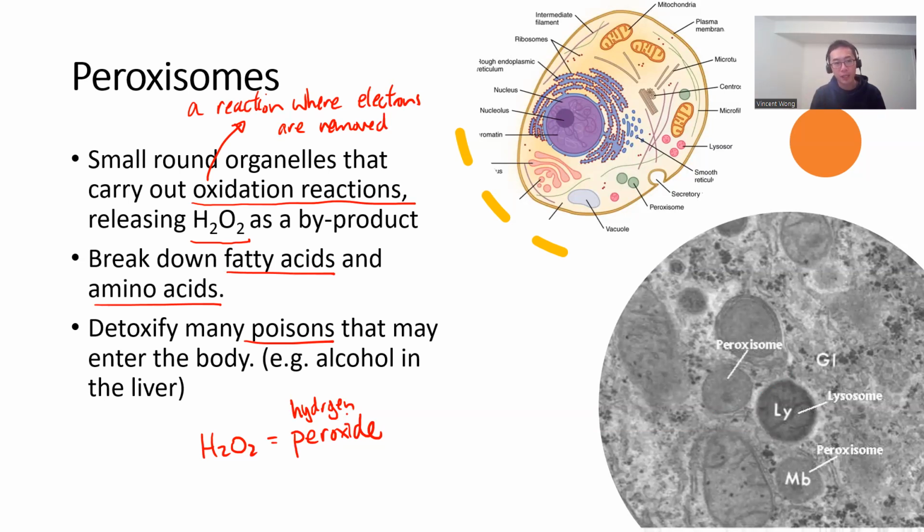The main difference here is that it is breaking it down by ripping electrons away from the molecule, whereas in the lysosome, you are breaking things down with the help of enzymes. So the difference is more like how you break things down. Okay, so that's the peroxisome.